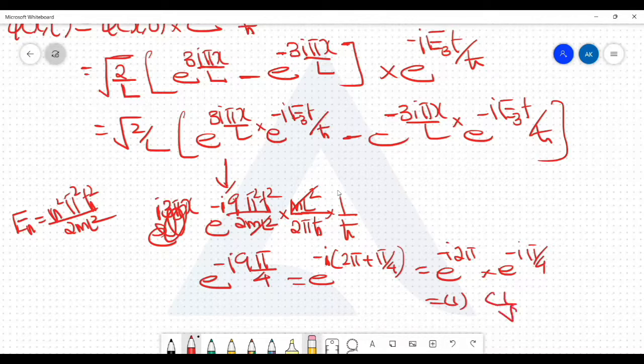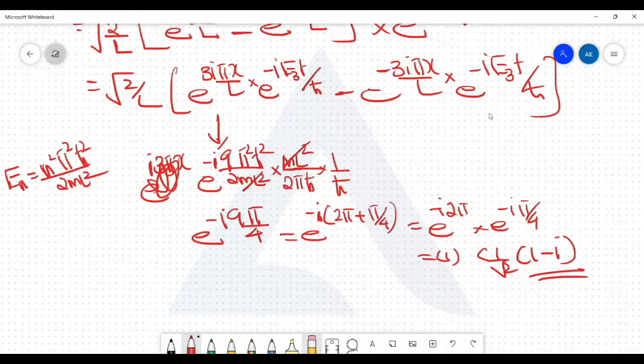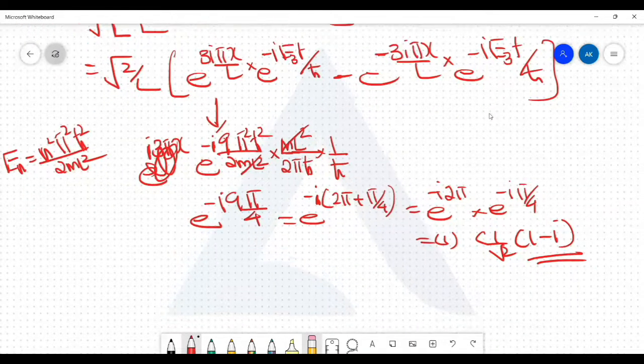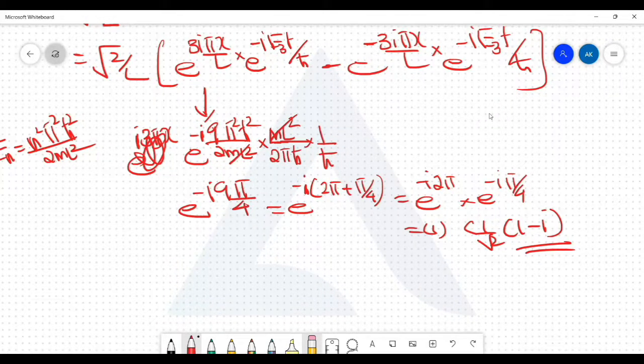This is 1 by root 2 into 1 minus i. Similarly, if you take this term, e raised to minus 9i pi by 4, the same factor appears here, so we can substitute it.